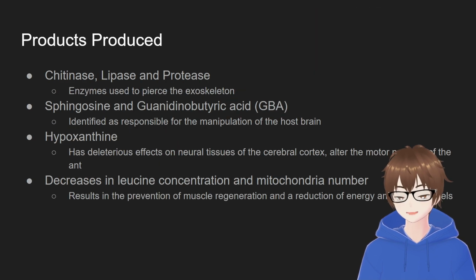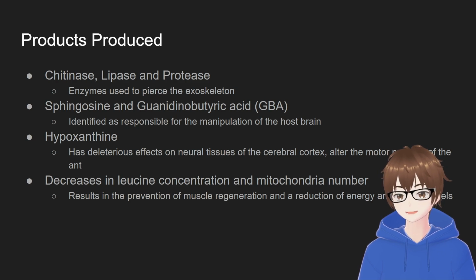So, this fungus species produces some products, okay? So, this is where I said we were going to go over some of the enzymes that are used to pierce the exoskeleton. So, we have chitinase, we have lipase, and then we have protease, okay? These are enzymes used to pierce the exoskeleton whenever the spores attach to the ant.